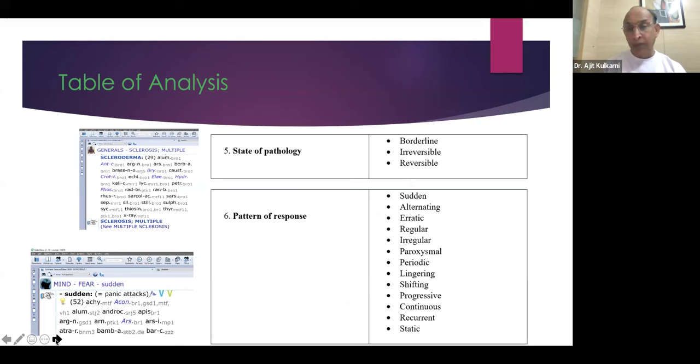The state of the pathology, whether it is borderline, irreversible, or reversible. See why it is useful. If the patient you have defined as irreversible: patient has prostate cancer, his age is 90 years, there is a metastasis in the spine with collapse of the vertebrae.